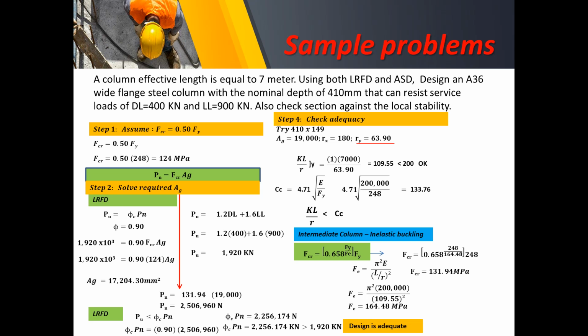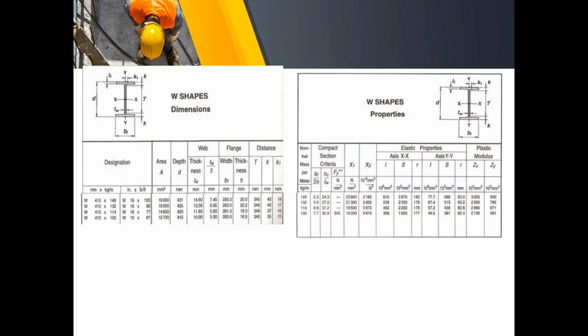By the way, in the trial section 410 by 149, 149 indicates the weight in kilograms per meter. So therefore, we check the next section, and that section is 410 by 132.